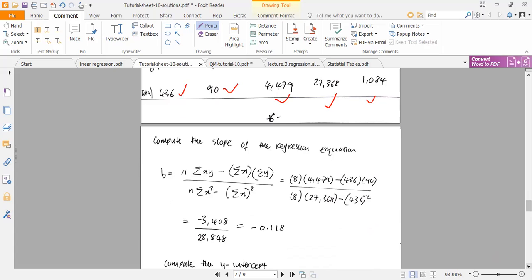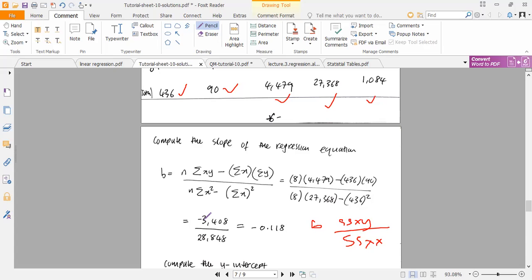You can use any of them. Remember, the whole lot of this is called summation of xy. The whole lot of that one is called summation of xx. So if you're going to use the sum of squares separately, it's still well and good. It will give you the same answer.